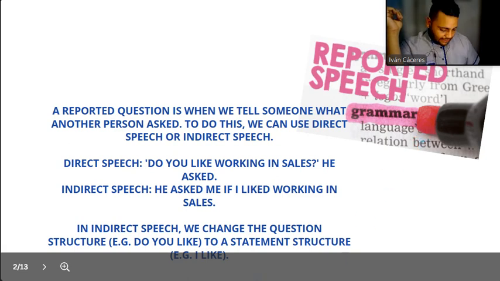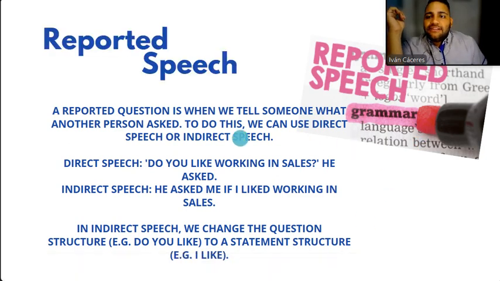So here we have a small definition, and it says that a reported question is when we tell someone what another person asked. To do this, we can use direct speech or indirect speech. But today we're going to learn how to use the indirect speech. In the direct speech, we have, for example, "Do you like working in sales?" he asked.